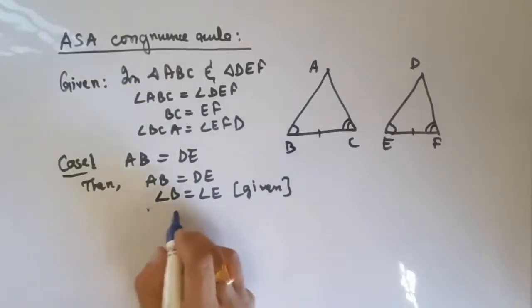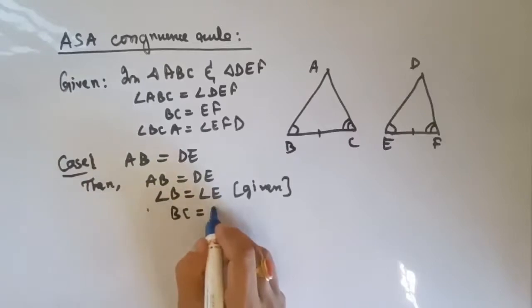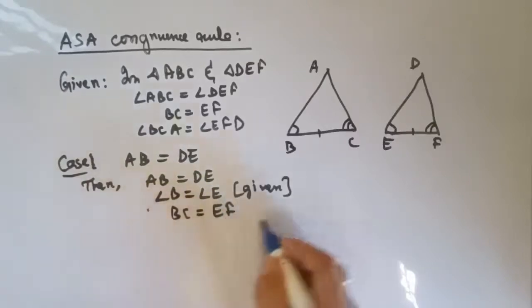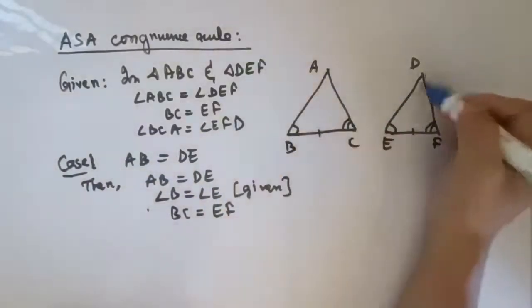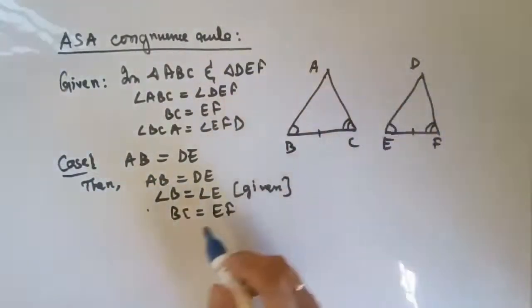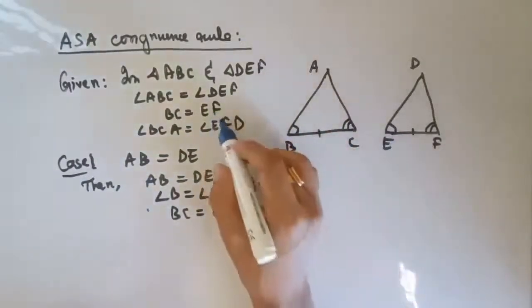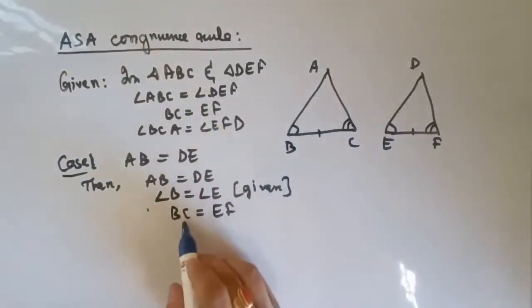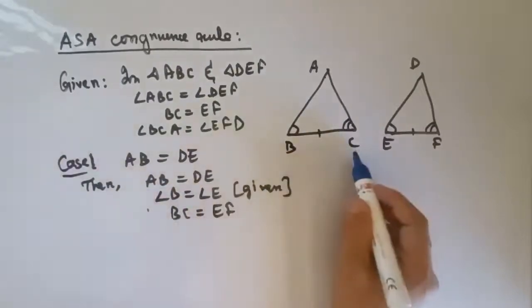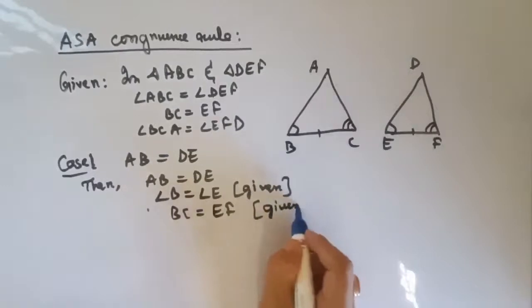And side BC is equal to side EF. This is the case number 1. That is, we assume AB is equal to DE, and angle B is equal to angle E, already given, and side BC is equal to side EF. This is also given in the statement.